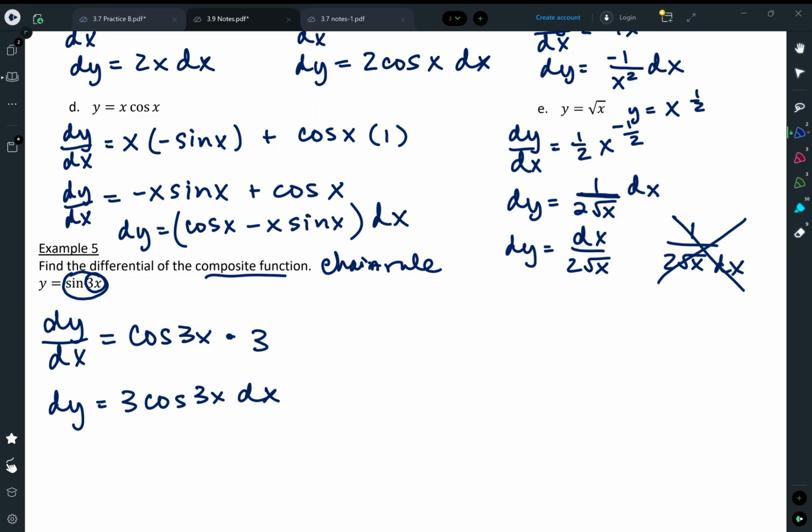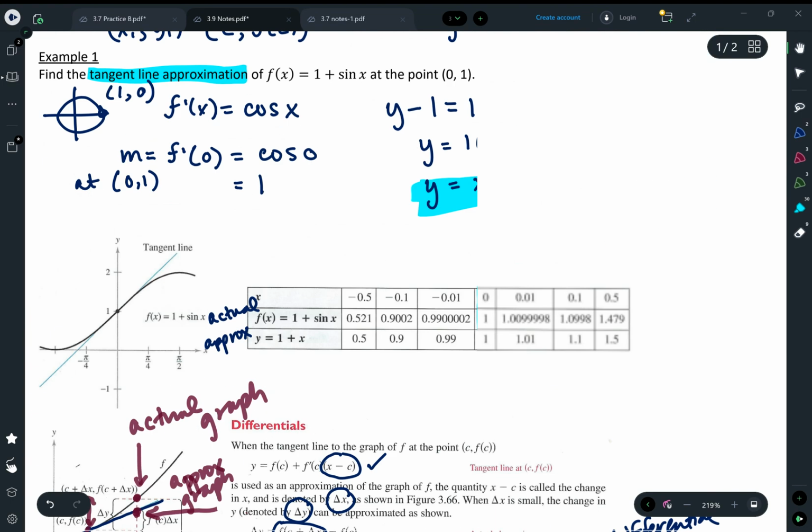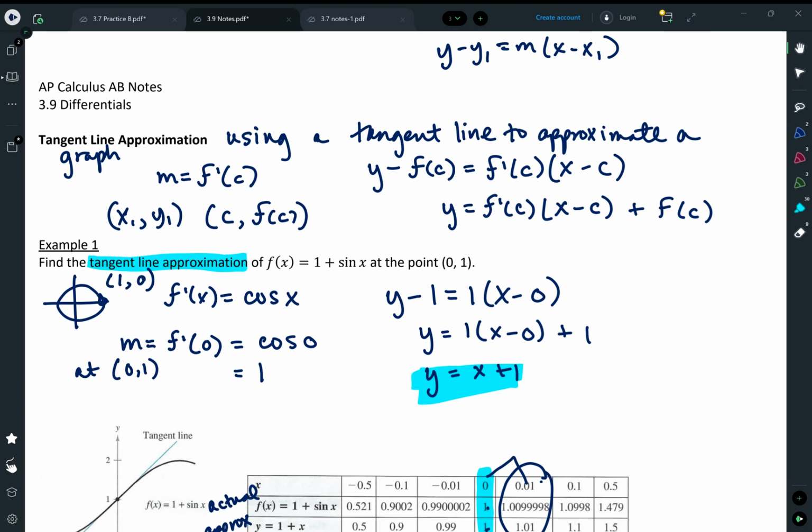So I really hope this video helps you out. I think the main ideas for today are this idea of a tangent line approximation, right? Where we can use a tangent line to approximate points that are really close to our original. And sometimes it's easier to work with that tangent line equation.